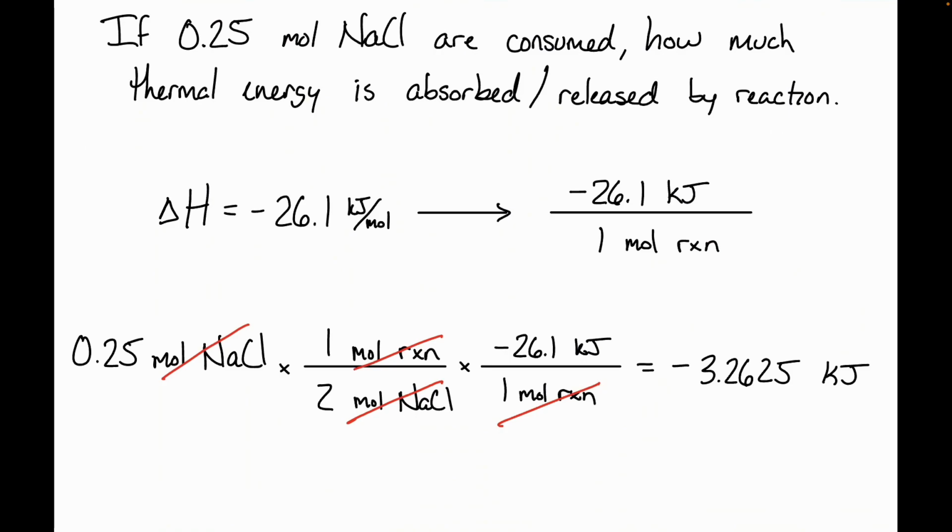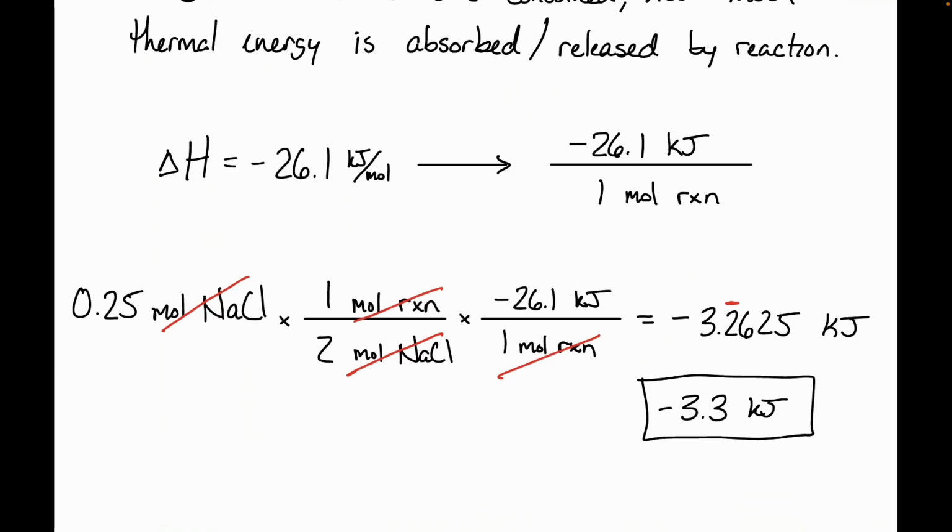For sig figs, I'm going to round this to negative 3.3 kilojoules. Is that thermal energy absorbed by the reaction or released by the reaction? Released. How do we know it's released? The negative sign, absolutely.